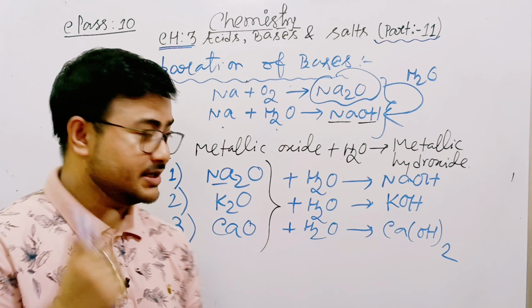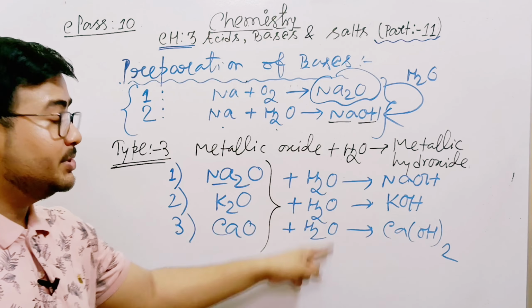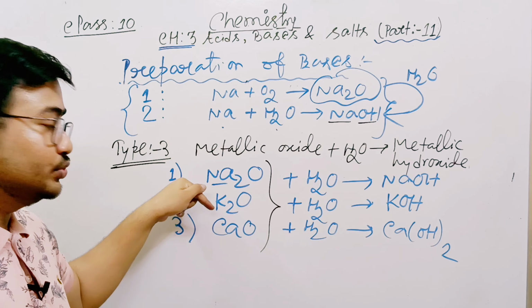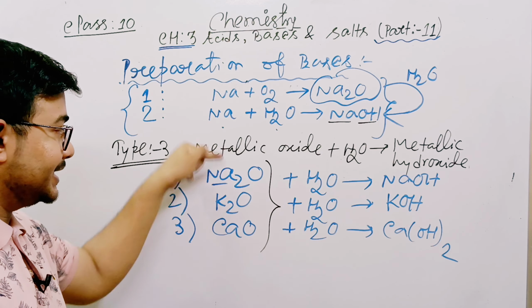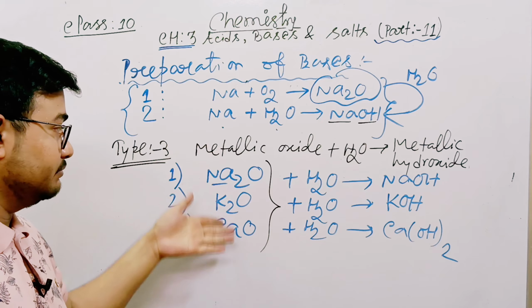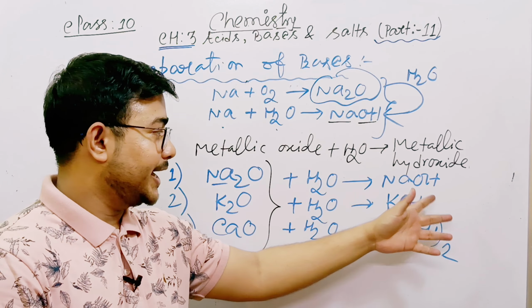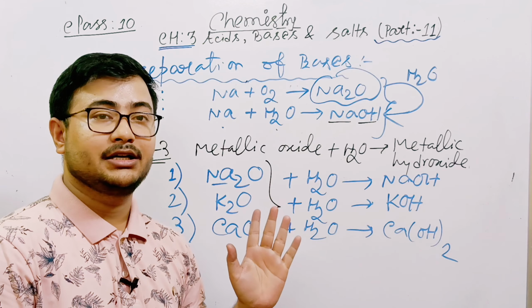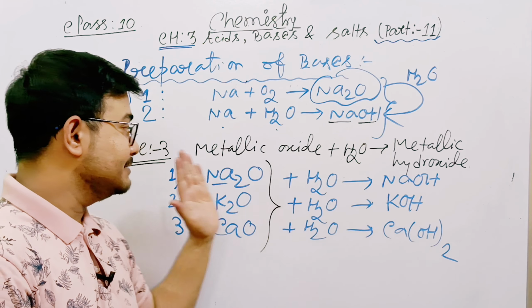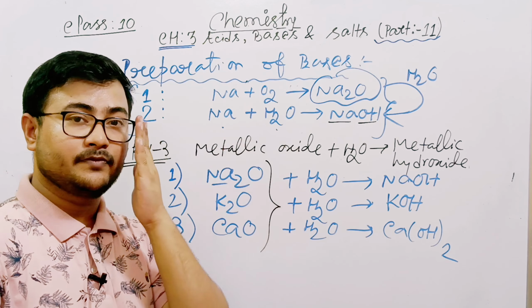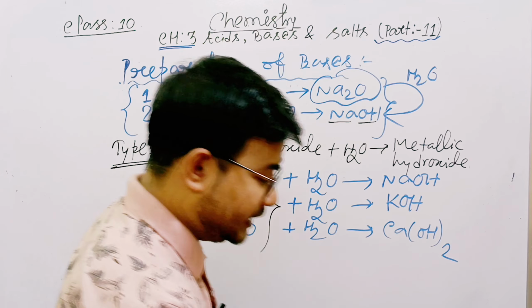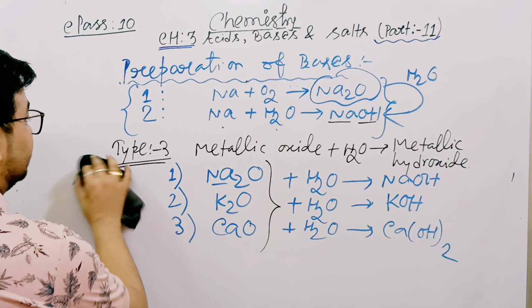Why? Same reason. The metallic oxide must be soluble in water. If you choose a metallic oxide that is insoluble in water, then you cannot produce any metallic hydroxide. Understand? Okay. Now third done.